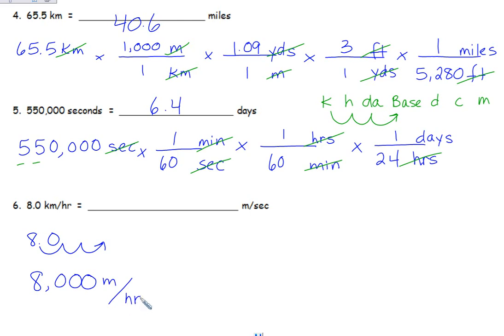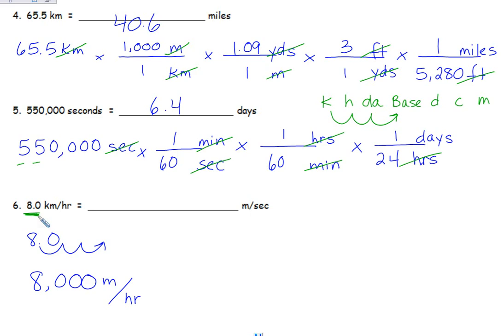Sometimes it's hard when you get real big numbers to show how many numbers you want for significant figures. So I'm just going to make myself a note. At the very end, when I'm ready to round this to sig figs, I'm going to round it to the 2 sig figs that were given in the original problem.